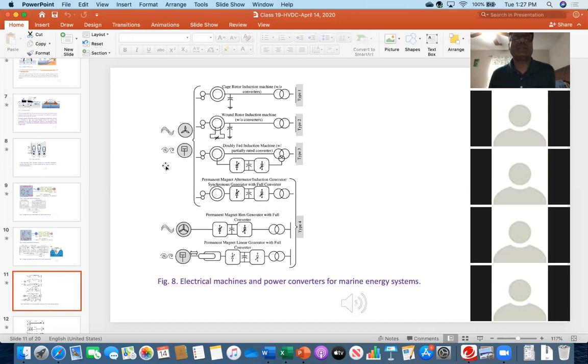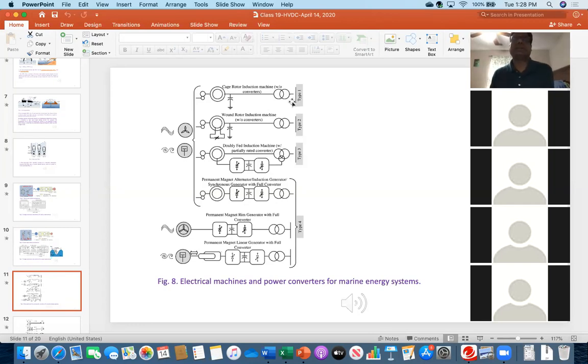Whatever the technology we discussed, whether current or ocean wave, ultimately it is going to an electric generator. Now, this picture shows, with the caption, electric machines and power converters for ocean or marine energy systems. The generator can be type 1, or type 2, or type 3, or type 4, that you have looked at in the case of wind energy systems.